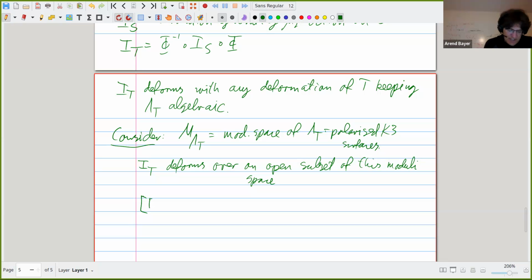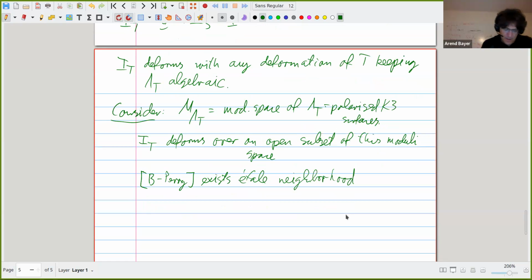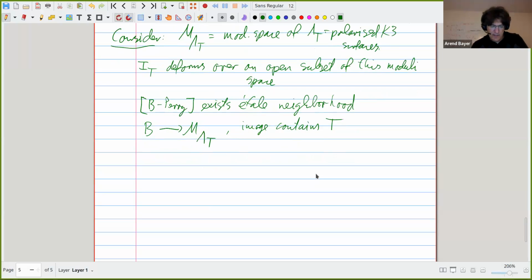And then by a result in a previous paper by myself and Alex Perry, this means there exists an entire neighborhood B, mapping to M lambda T, so that the image contains T such that the mu2 action lifts to this family.